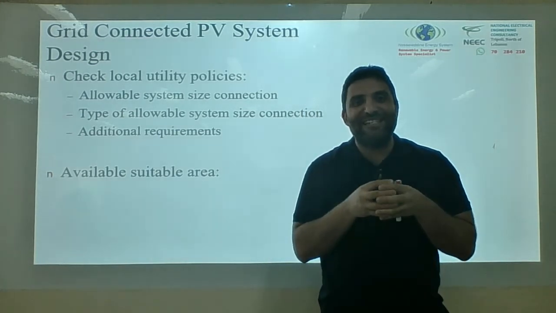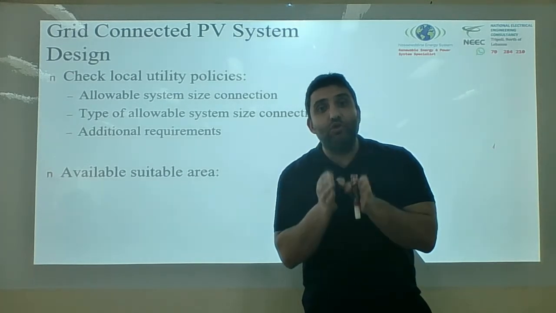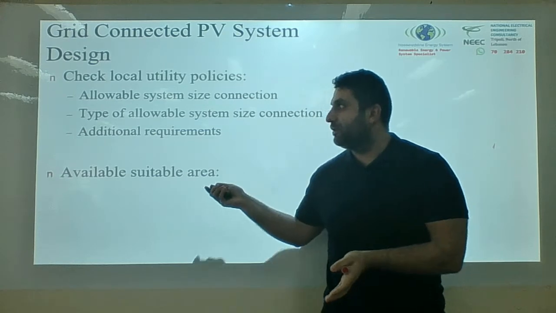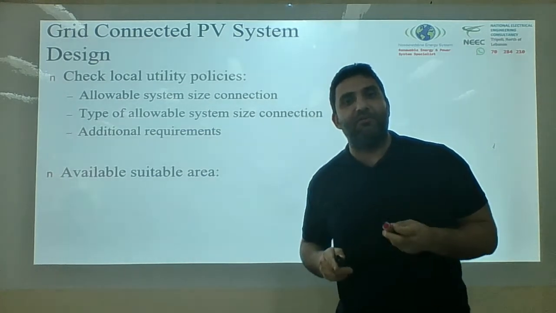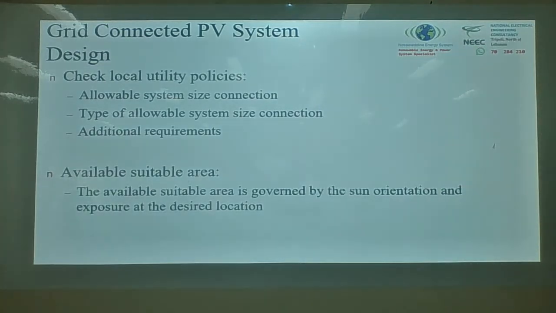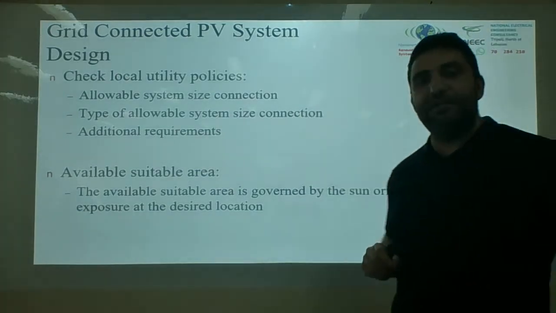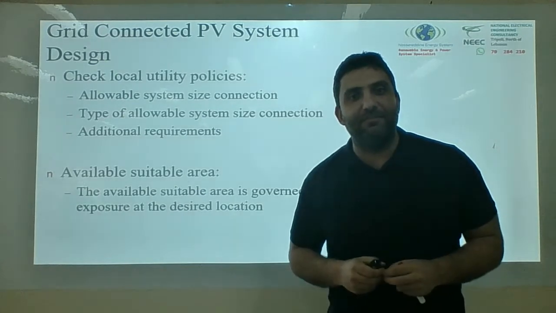To maximize it, I need a suitable area with suitable sun exposure to my panels for me to derive the maximum power of my system. Therefore, the available suitable area is governed by the sun orientation and exposure at the desired location.